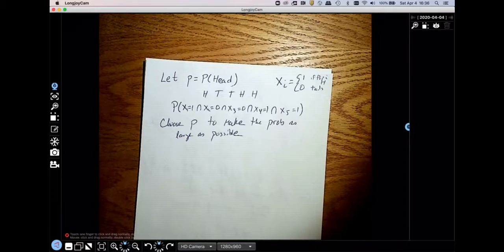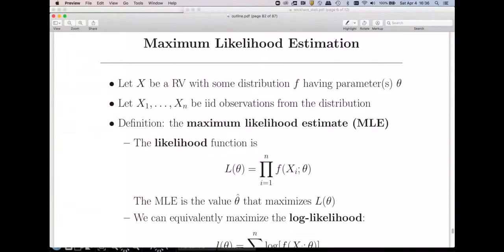So let's go back to the course packet for a second, and I'm going to give you some general advice on this. Let's say that we have some random variable with a distribution f and some set of parameters. We usually call these parameters theta in general. Theta could be a vector.